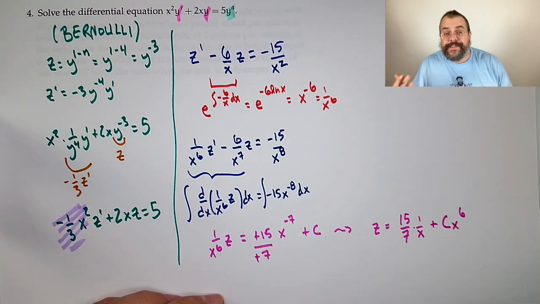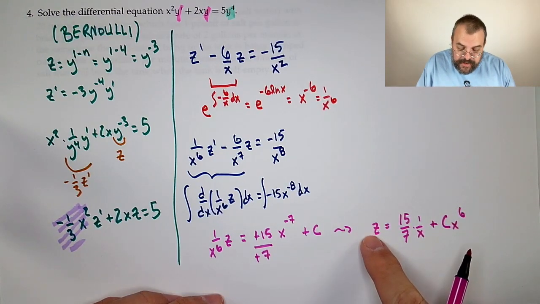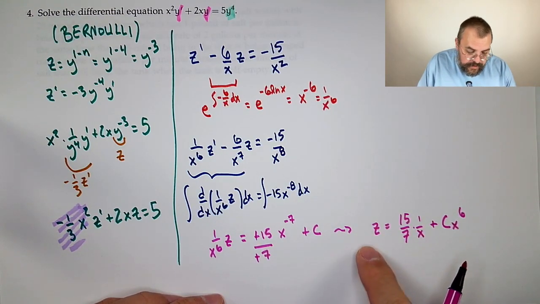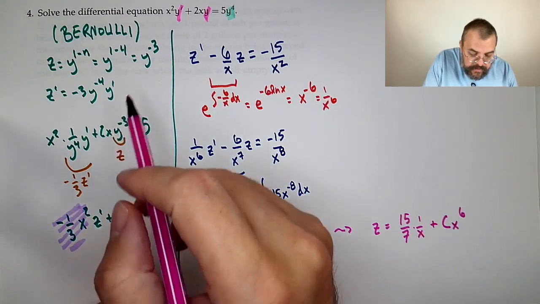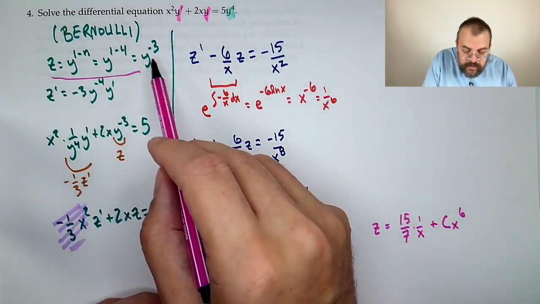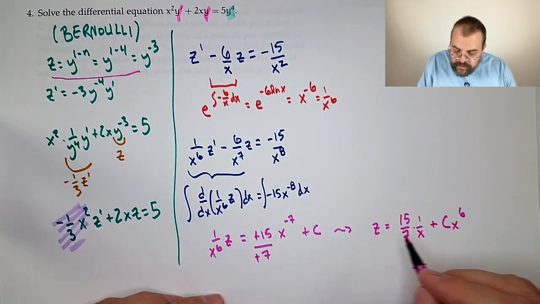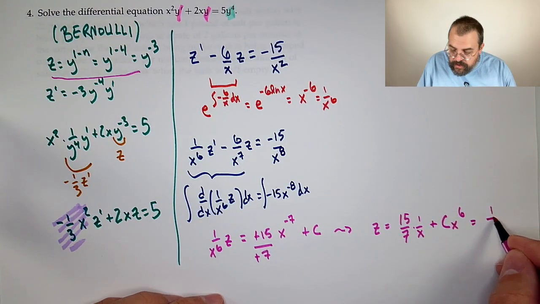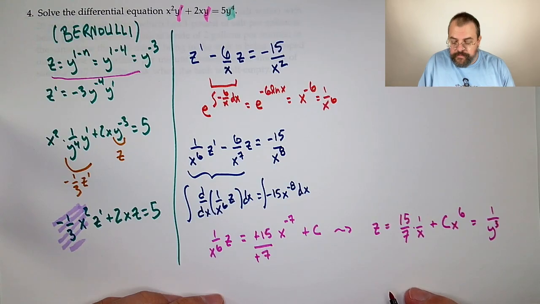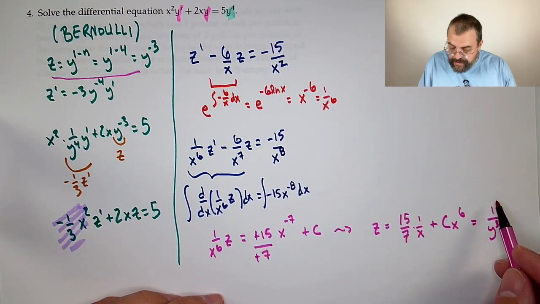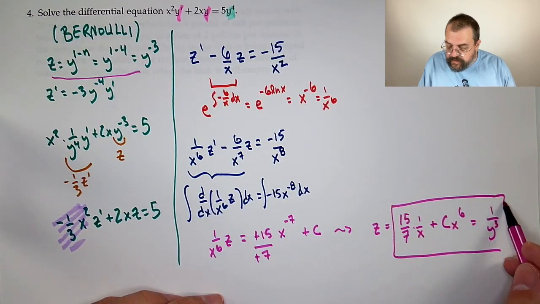Now, what's our last thing to do? What is z? We can follow back. z is y to the -3, so this is 1 over y cubed. In some sense, we're done. This is a perfectly fine answer.